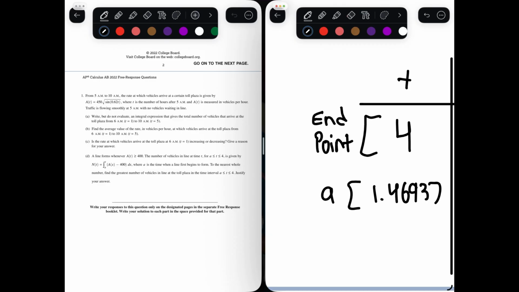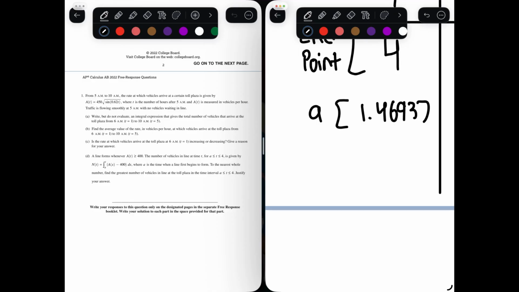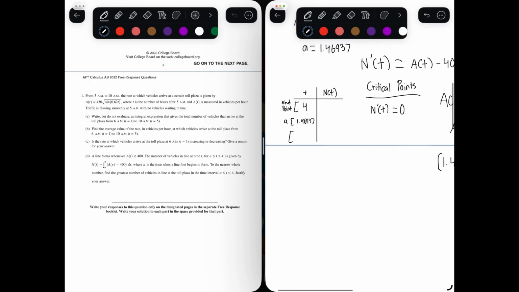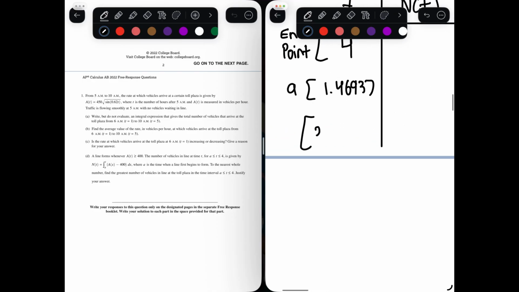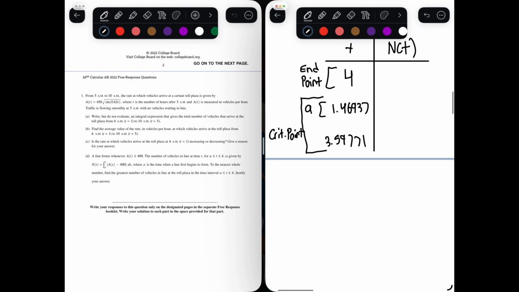These are your two critical points, 1.46937, but in this problem we're just going to treat it as A. And then this is your other critical point, 3.59771. Both of these are critical points, so we can just group them. Okay, so that is A, and both of these are your critical points.